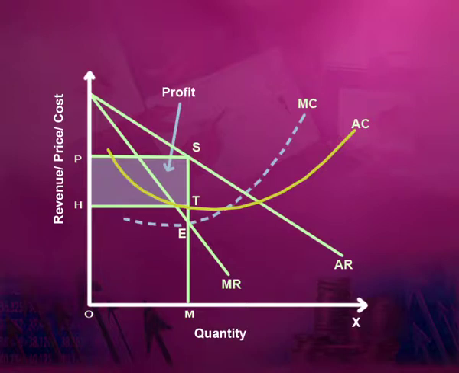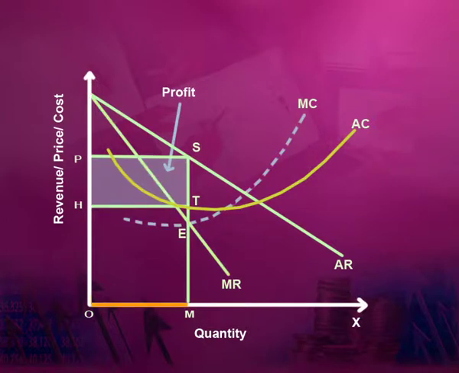Here in this diagram, we can see that as long as marginal revenue exceeds marginal cost, a monopolist will go on producing additional units of output. This is because each additional unit of output will lead to an increase in revenue greater than the increase in cost, until the firm reaches its maximum profit, that is, at the level of output where MR is equal to MC.